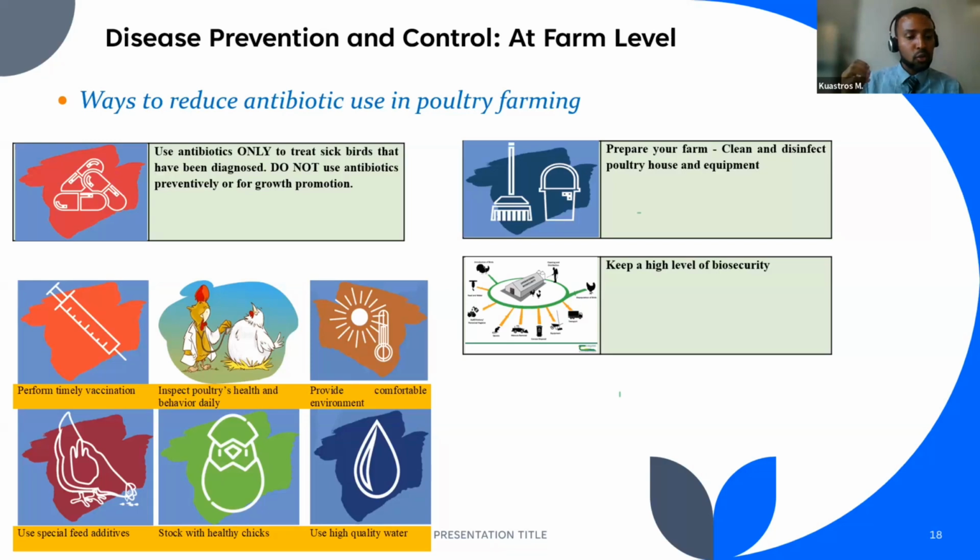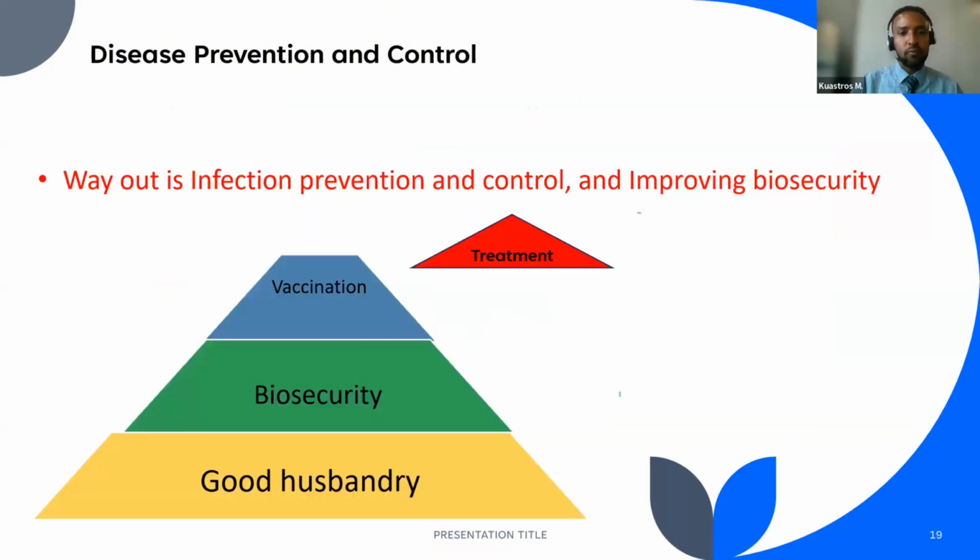So we need to stock our chickens from a known supplier, so that disease will not be introduced into our farms. And high quality water is also important. Cleaning, disinfection, and keeping a high level of biosecurity are good methods to reduce disease or infection at farm level, so that we are not tempted or forced to use antibiotics.